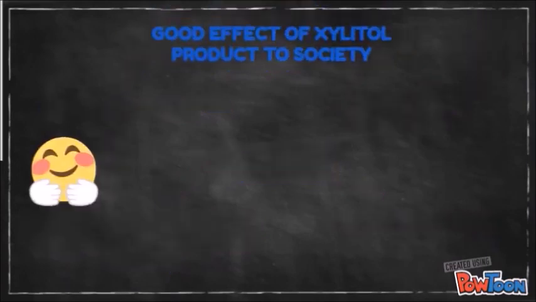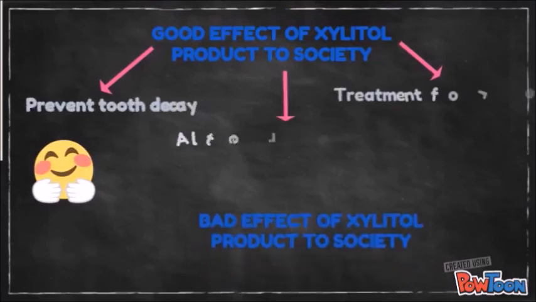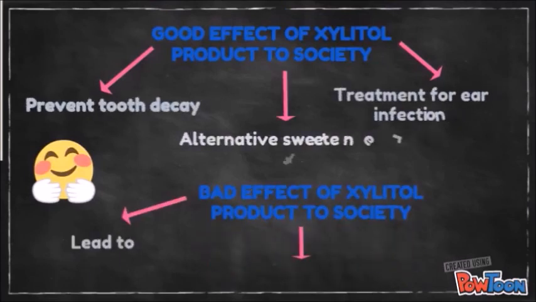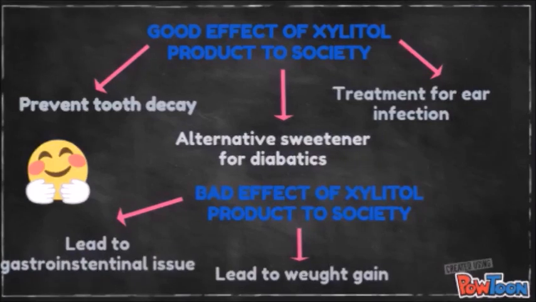Okay, we move to the good effect of xylitol product to the society. Firstly, it can prevent tooth decay when we use it regularly on a daily basis. This is according to the study that the replacement of sucrose with sorbitol and xylitol may decrease the production of dental caries.